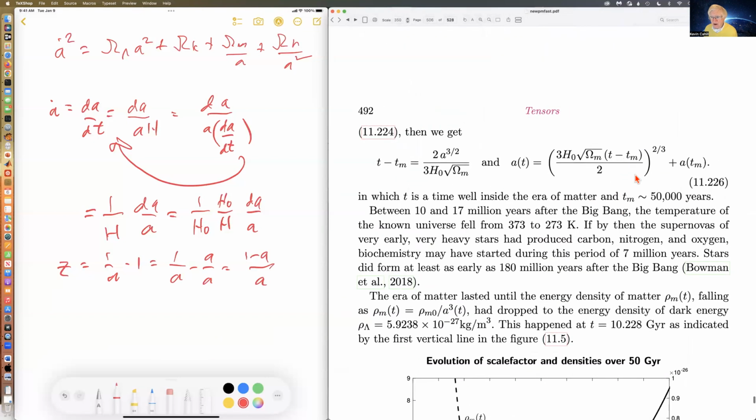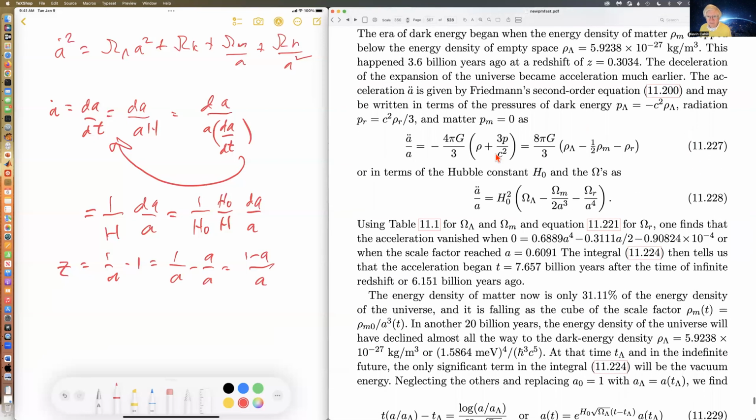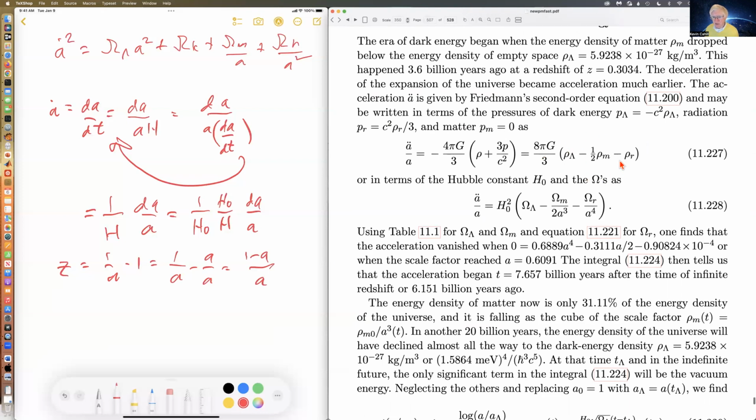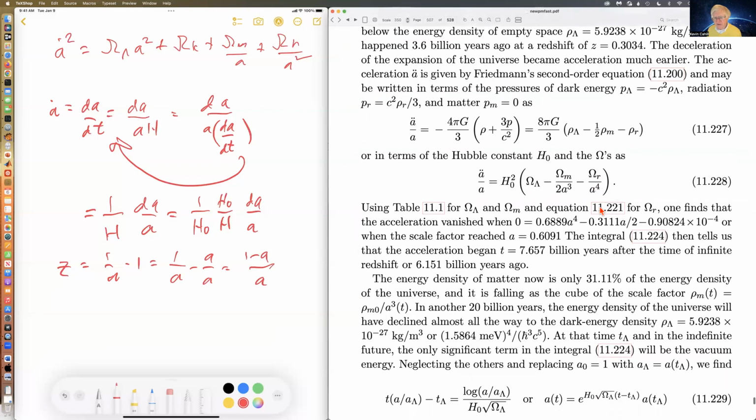And now, what's the equation for the dark energy era? Well, it's basically the second order Friedmann equation, and then we just have a constant over here. You see, rho sub lambda is a constant. Rho matter becomes insignificant. Rho radiation even more insignificant, because they go as 1/a cubed, 1/a to the 4th.